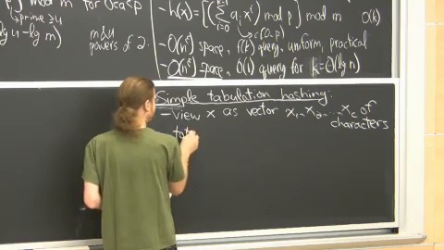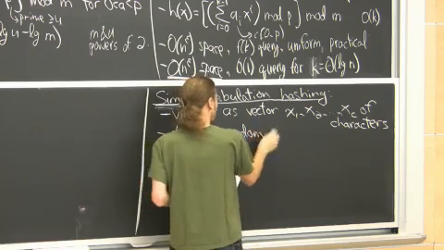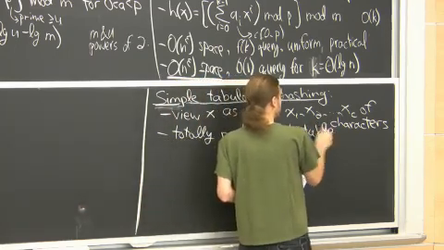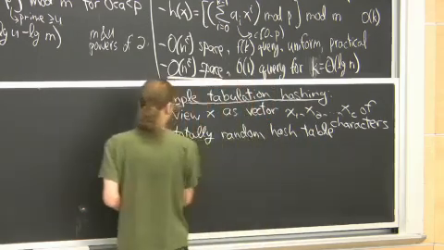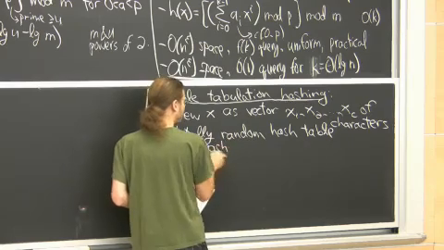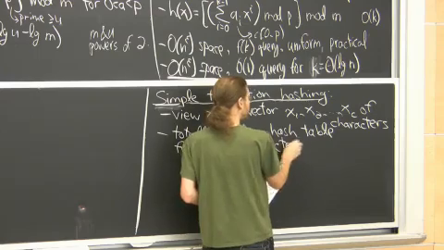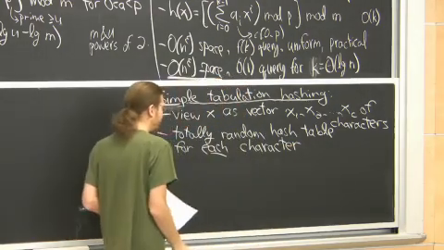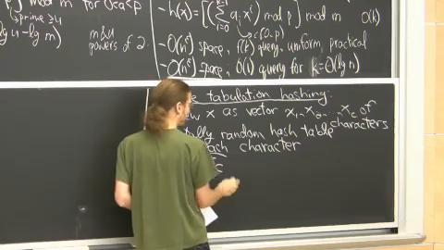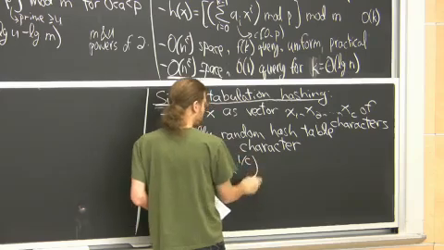Then build a totally random hash table. This is the thing that we couldn't afford. But we're just going to do it on each character. So there's going to be C of these hash tables. And each of them is going to have size u to the 1 over c.